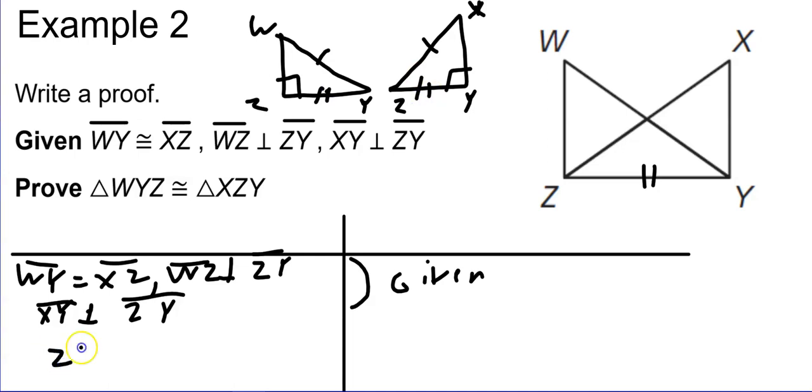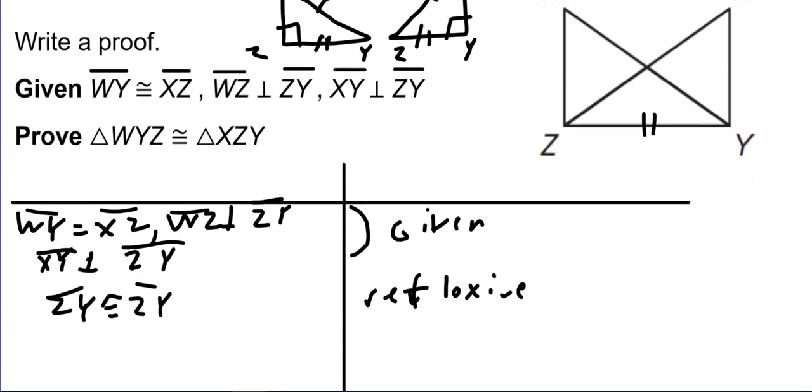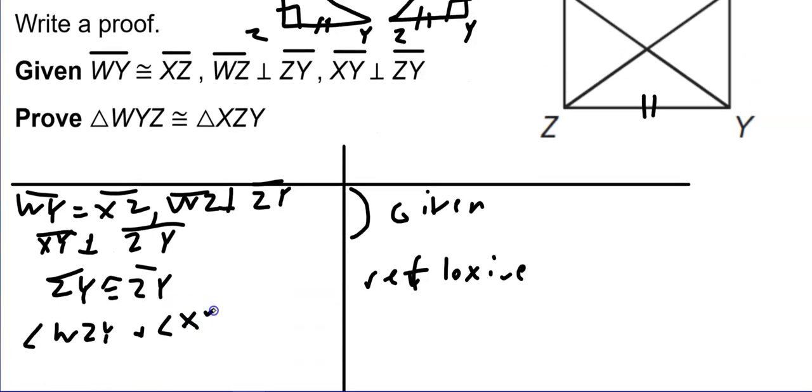So we're going to start off with our classic ZY is congruent to ZY by the reflexive property. And now we technically need to say that angle WZY and angle XYZ are 90 degrees, or right angles.